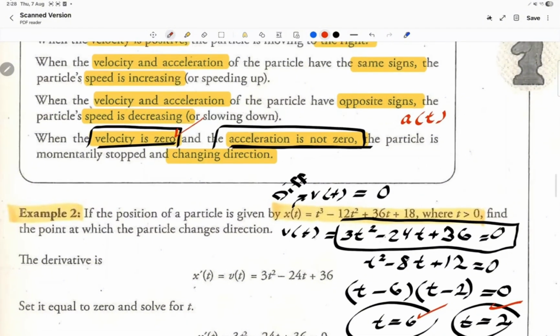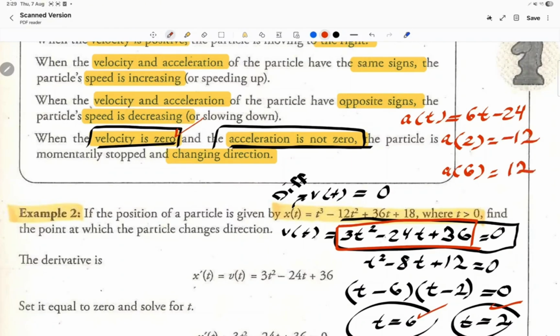What's the acceleration equation based on this equation of velocity? 6t minus 24. Now plug in the 2 and plug in the 6 and find out if you will get 0 or not. 6 times 2 is 12. 12 minus 24 is negative 12. 6 times 6 is 36, minus 24 is 12.